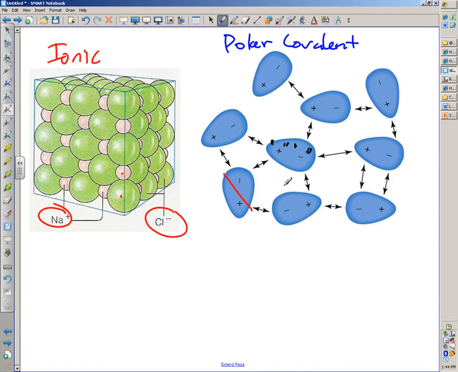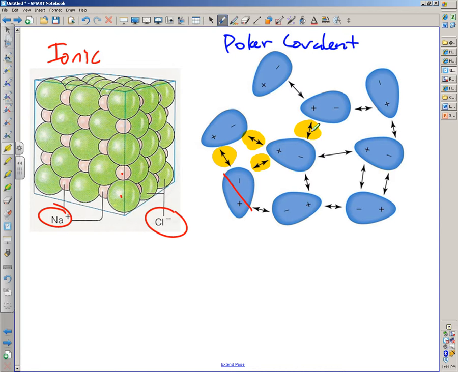Okay, go ahead. Why do they have the double-headed arrows in between? Do they actually attach themselves?